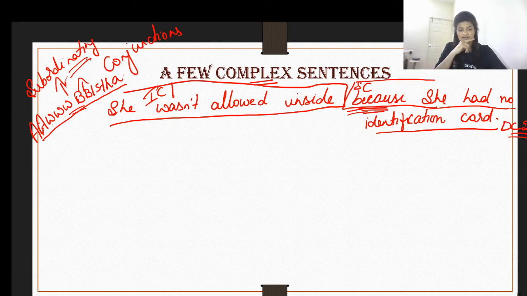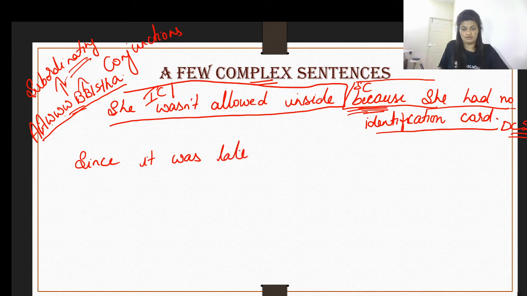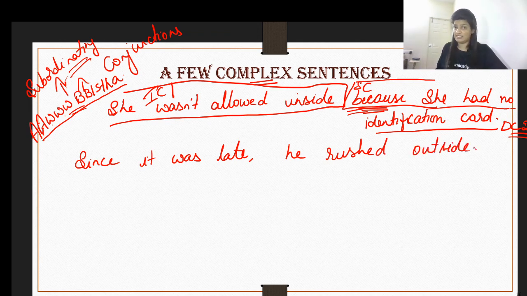All right, now let us move on to the next example: since it was late, he rushed outside. Now, where is the conjunction over here?